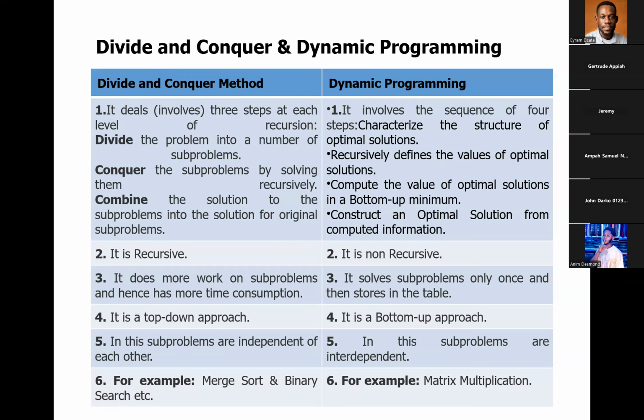Divide and conquer is a top-down approach. Dynamic programming is bottom-up. Divide and conquer sub-problems are independent of each other, and then the dynamic programming sub-problems are dependent.